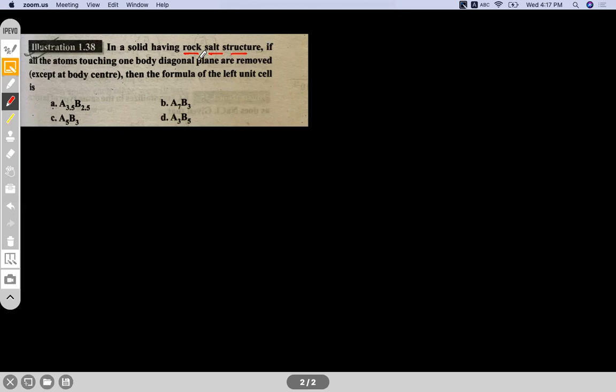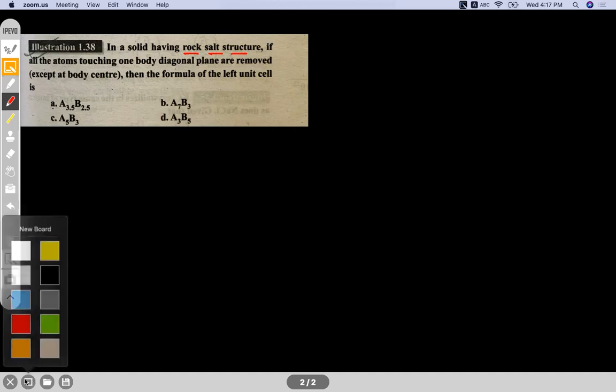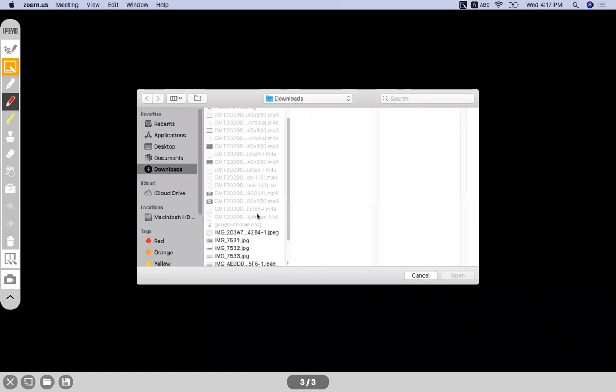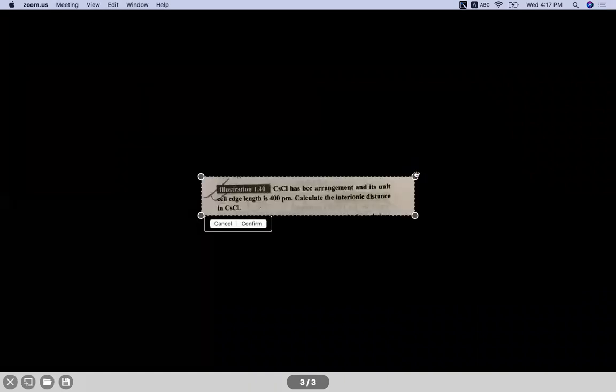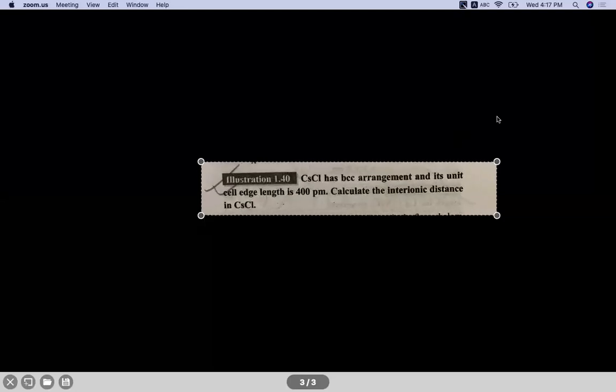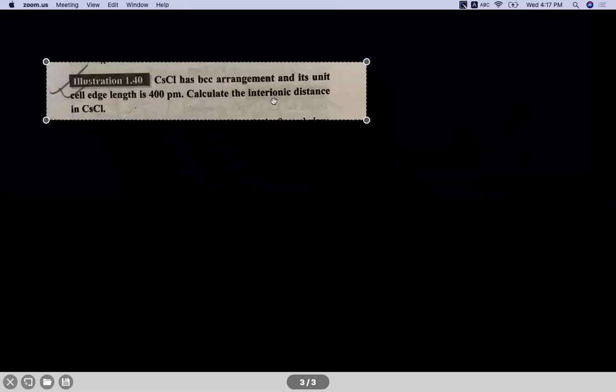So for that, we are going to discuss the different types of structure we have. One more question you see here. We'll do this question a bit later. This question is also based upon the structure of CsCl. And that's why I said that you just need to memorize this.